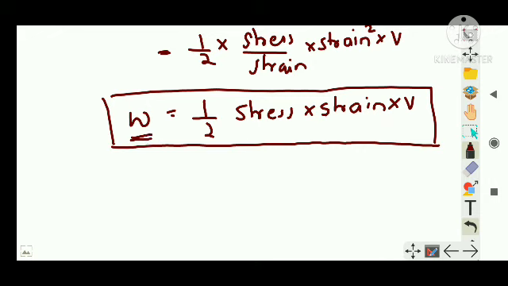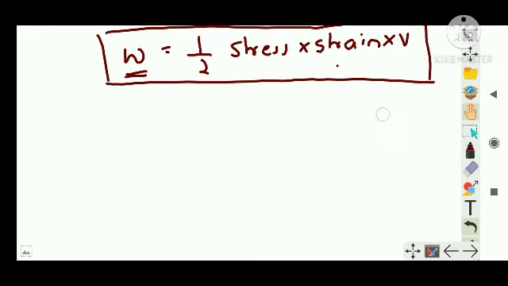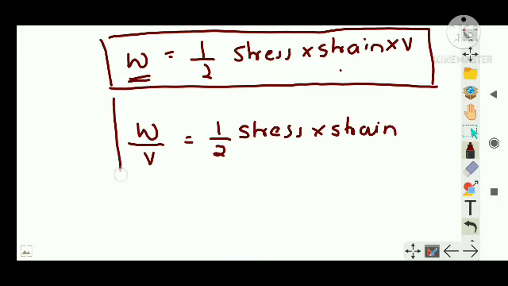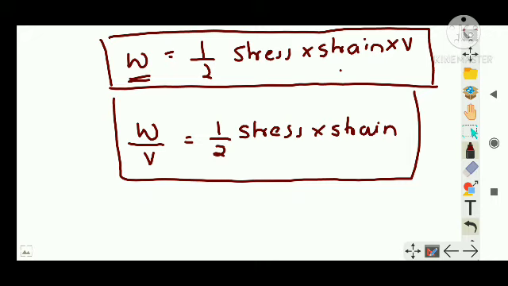And this work is stored as potential energy in an object when it is undergoing elongation. If someone asks you what is work done per unit volume, then it is half stress into strain. Usually this is what is stored as energy.